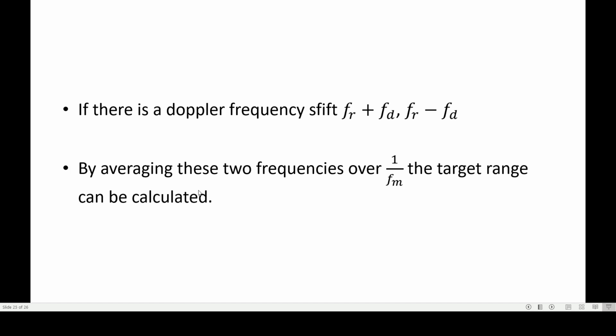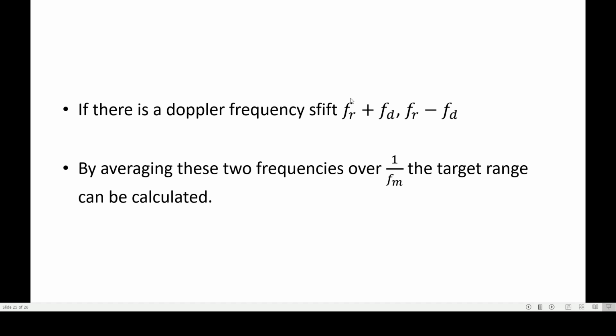For this positive phase, this is Fr minus Fd, and in this phase, this is Fr plus Fd. So this is the shift in frequency, and the theory is always the same. The shift in frequency is directly proportional to the velocity of the target. So there is a Doppler frequency shift, like Fr plus Fd and Fr minus Fd.